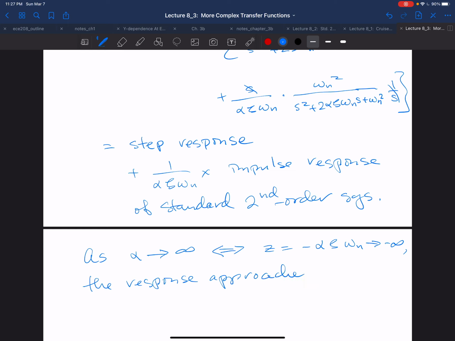So we fail to see the effect of the 0. So as alpha gets large, the 0 doesn't have much effect. We can neglect it, in fact.